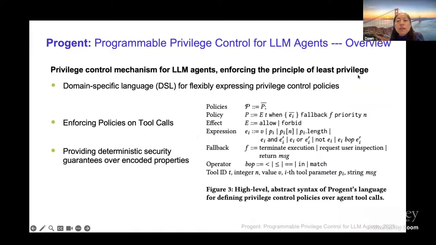So with this approach, the system provides a privilege control mechanism for LLM agents that, as I mentioned, enables the DSL for flexibly expressing privilege control policies and enforcing policies on tool calls. Here's the high-level abstract syntax for the DSL, and it also provides deterministic security guarantees over encoded properties.